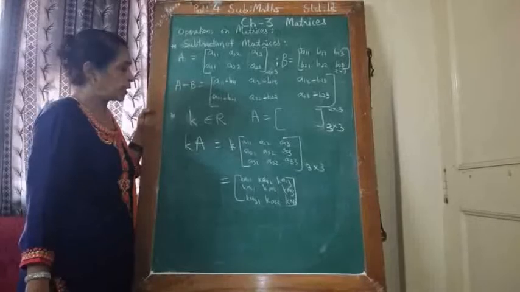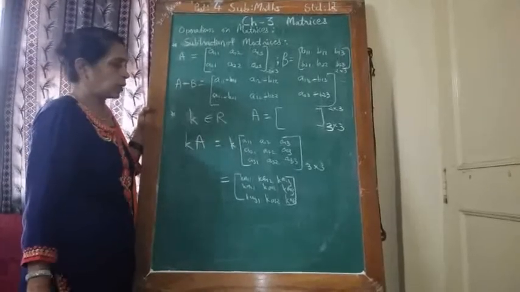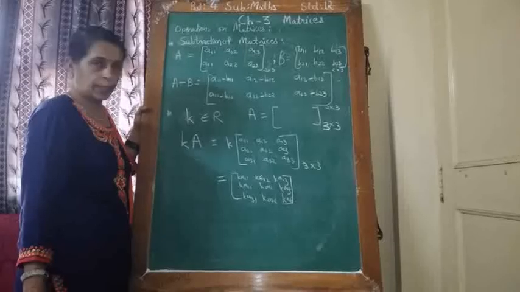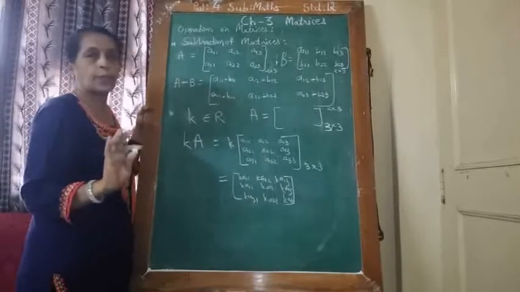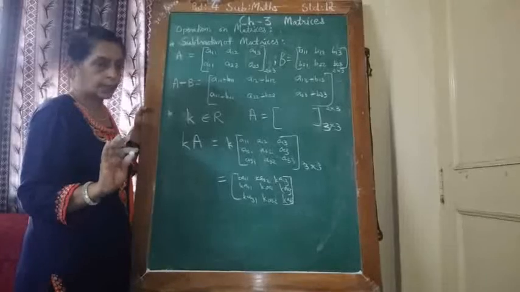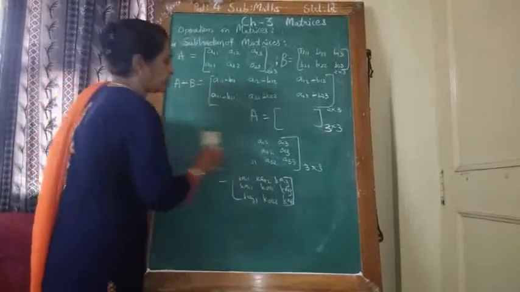But in the determinant chapter there is another rule. In a particular row you multiply with the scalar number. And here you have to multiply by all elements of the matrix. Clear? This way you multiply a scalar with a matrix.